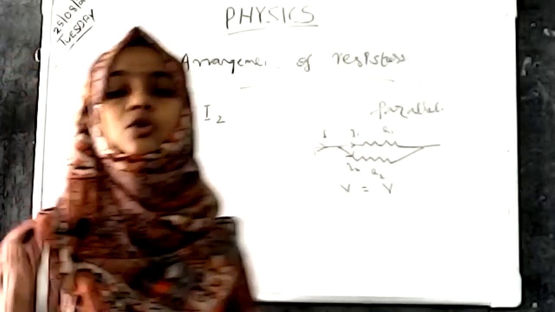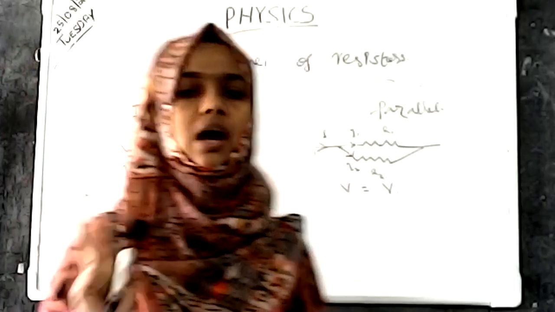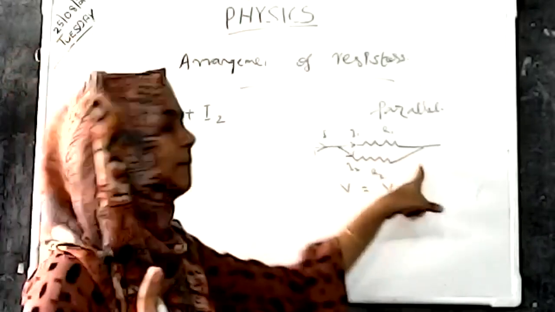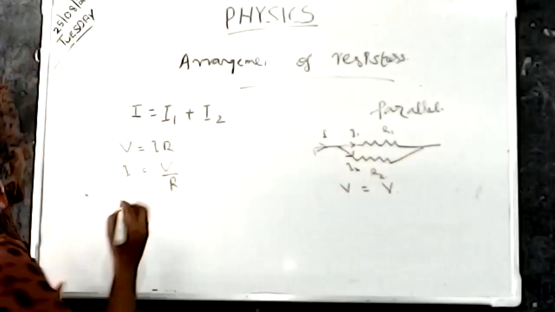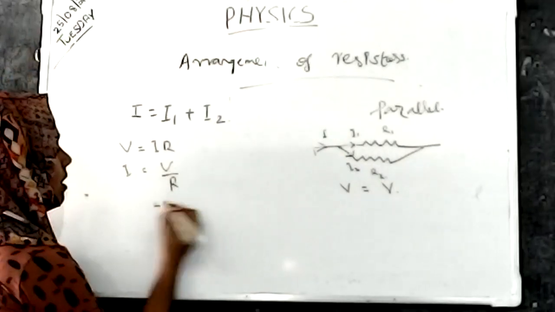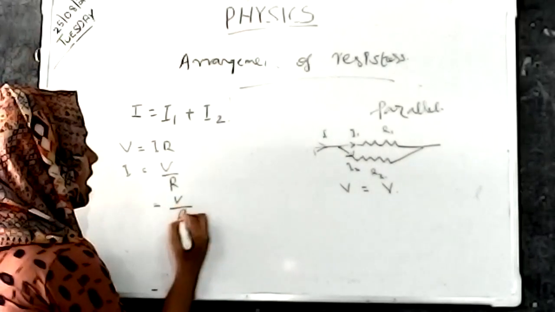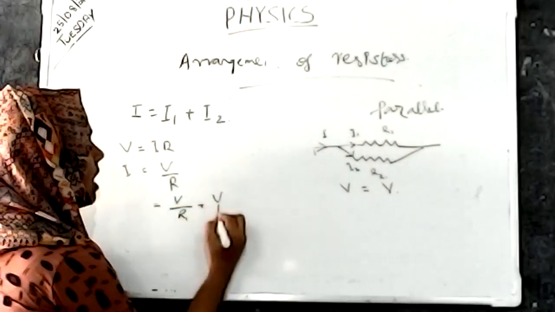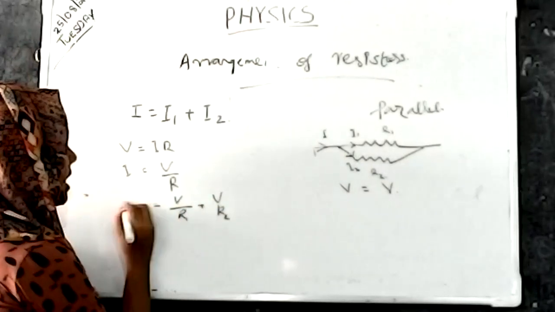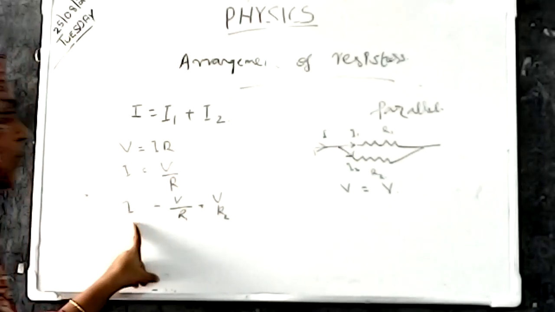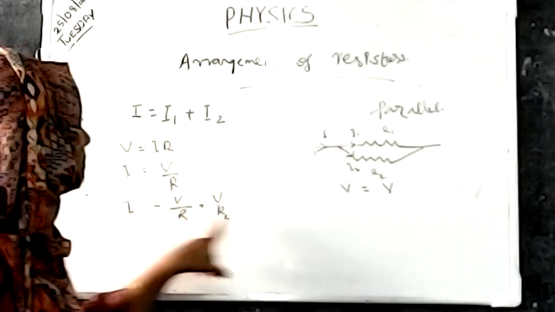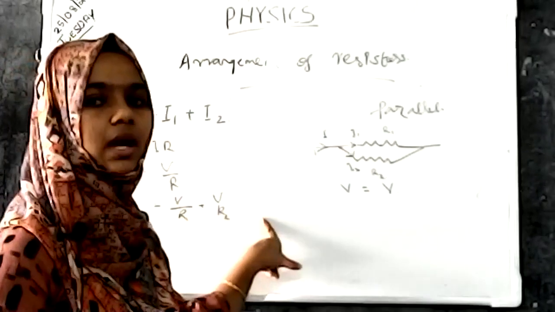And here there are two resistors, R1 and R2, that are connected in parallel. So the equation is: the current I is equal to V by R1 plus V by R2.